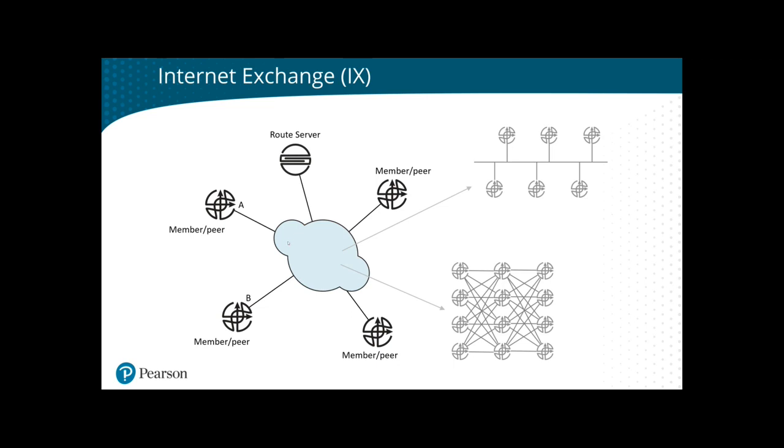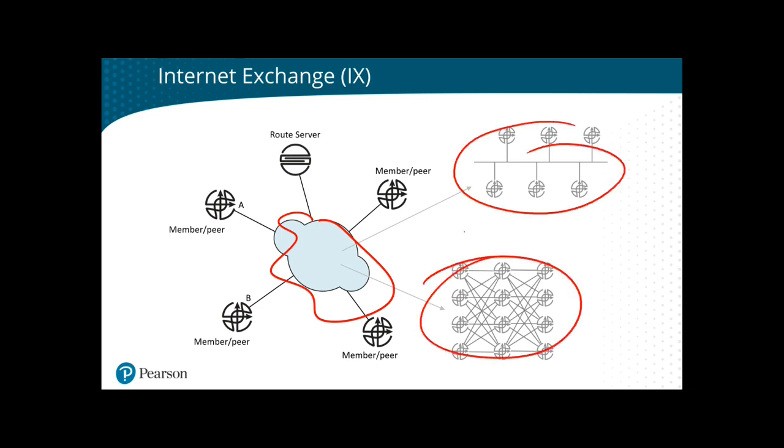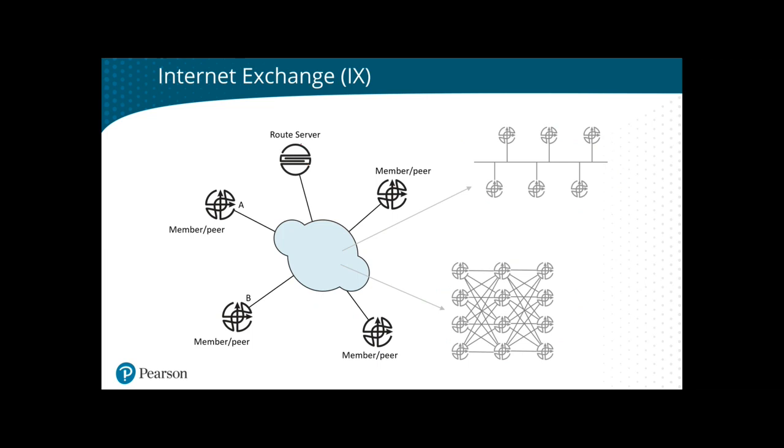But essentially what the Internet Exchange Provider is going to provide you with is a fabric that connects everything together, which is either going to be a layer 2 or a layer 3 fabric of some kind, and then a route server. So what happens here is each member or peer peers with the route server rather than peering with one another.